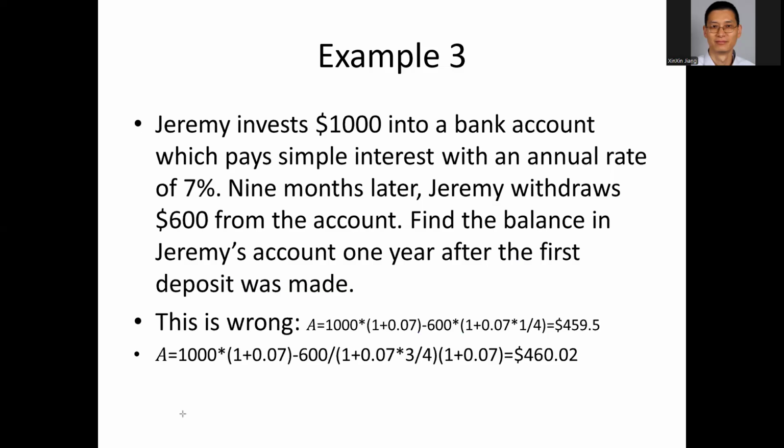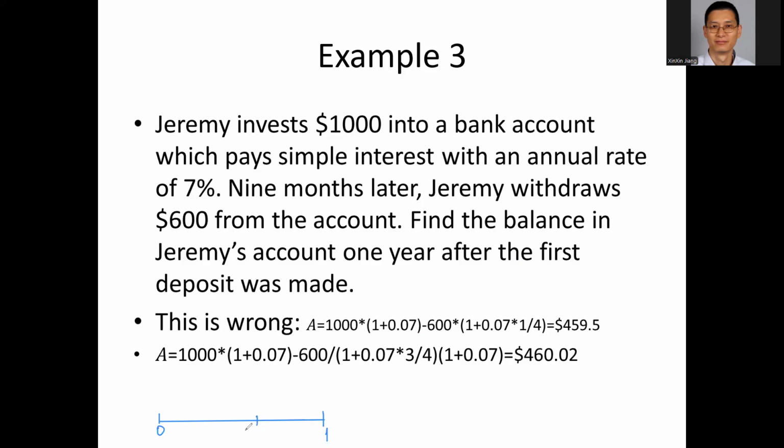Okay, so let's draw a timeline. And this is time 0. 9 months, 1 year. So this is 1 year, t is 1 year. And then we have 9 months somewhere here.